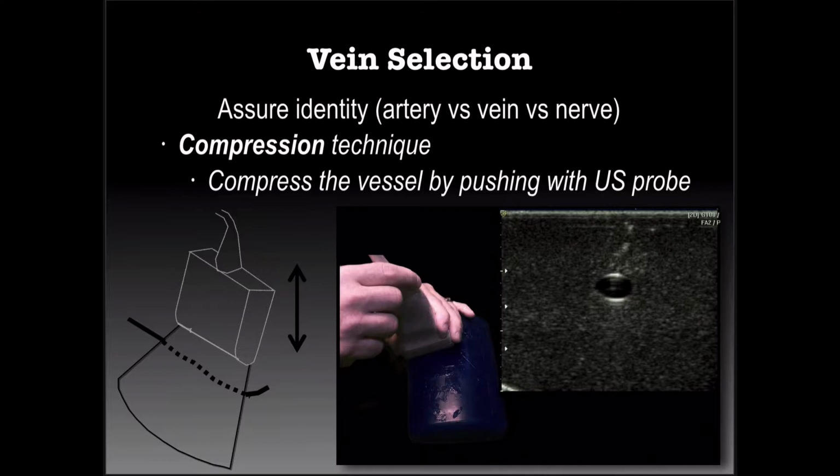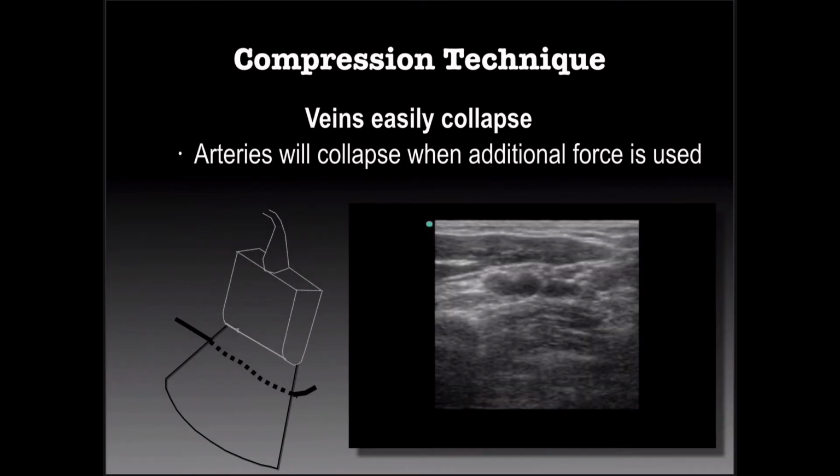Remember, I told you that veins and arteries, they're filled with fluid, and we can't tell what the fluid is just by looking at it. We can tell what the fluid is by knowing the pressure of the fluid. So when we press down on a vein, veins collapse very easily, like this one. So that's a vein. It collapses very easily.